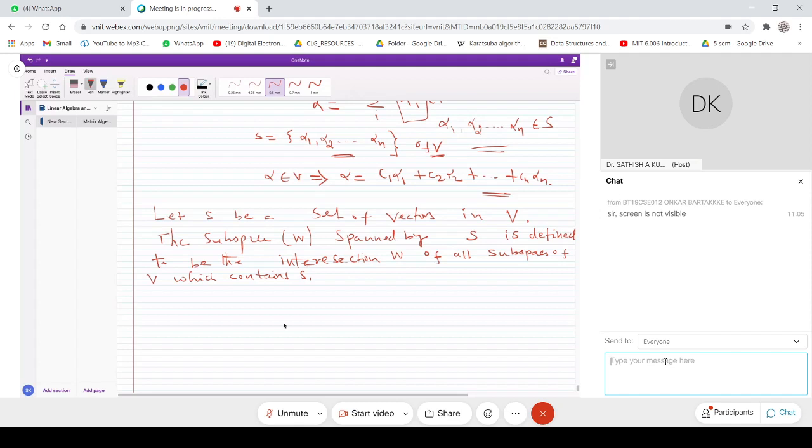So in a simple way of saying that, suppose you take S to be the vectors alpha 1, alpha 2, etc., alpha n. So S is a finite set.